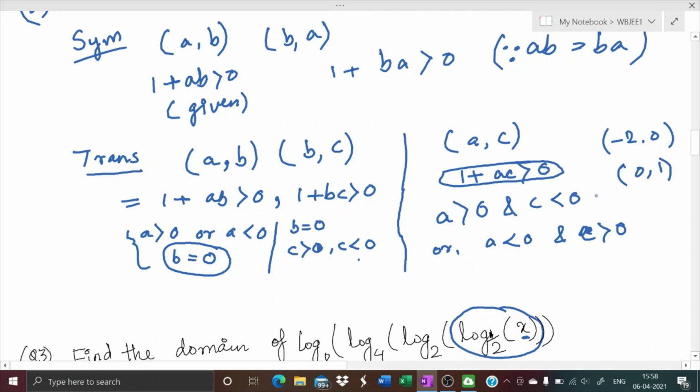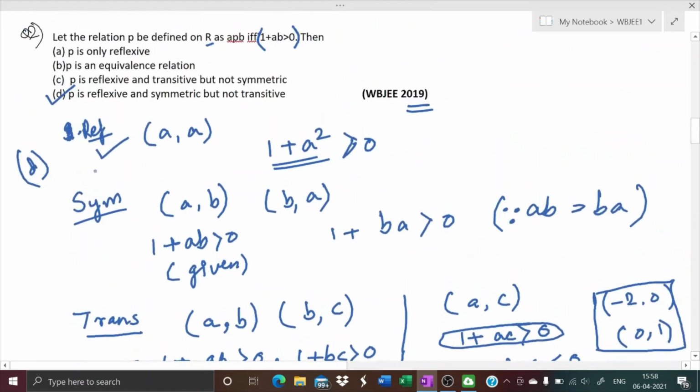For a relation, only if all the values of A, B and C are satisfied can you say that your relation is transitive, any value from the set of real numbers. But I can see that when I take values of opposite signs for A and C, this won't be satisfied. So my relation won't be transitive. Okay, so what will be the option? Option D is the correct option.